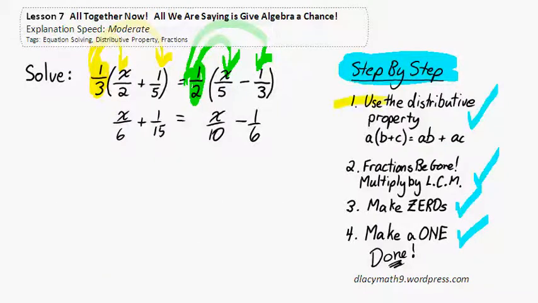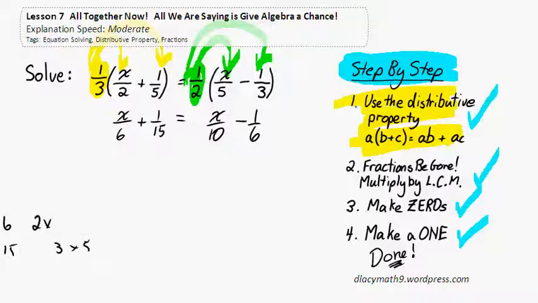We will use the distributive property a second time to get rid of the fractions by multiplying through by the lowest common multiple. The lowest common multiple of 6 and 15 and 10 and 6 can be found as follows. 6 is 2 times 3. 15 is 3 times 5.